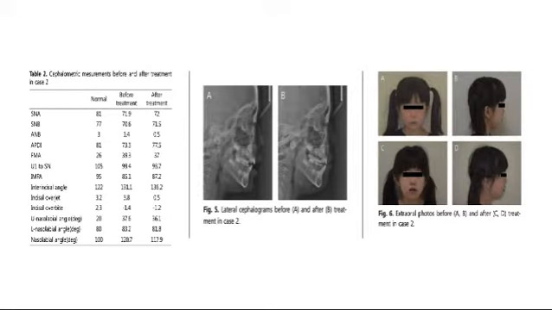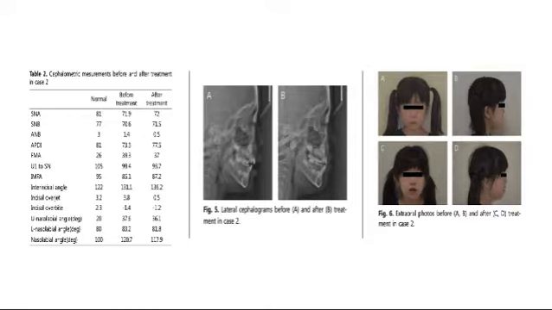After 6 months of treatment, the ANB increased from 73.3 to 77.5 degrees, which is within the normal range, as in figure number 5 and table number 2. Clinically, the convexity of the lateral facial profile was also found to decrease, as in figure number 6.